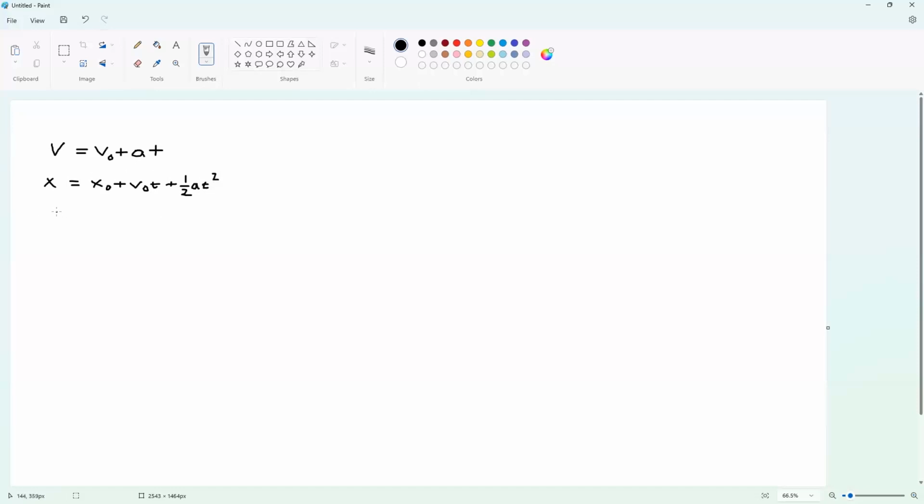And then V squared equals V naught squared plus 2A times the delta X. So that's basically it.